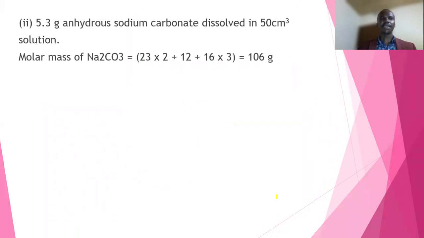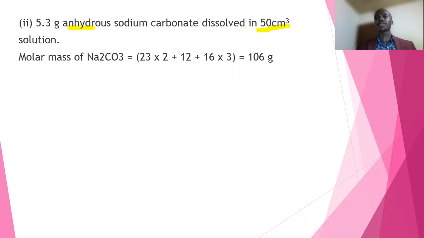We are making it simpler. We have another example here. 5.3 grams of anhydrous sodium carbonate dissolved in 50 cubic centimeters. So now we calculate the molarity. First of all, calculate the moles.